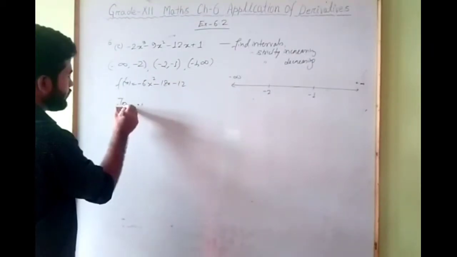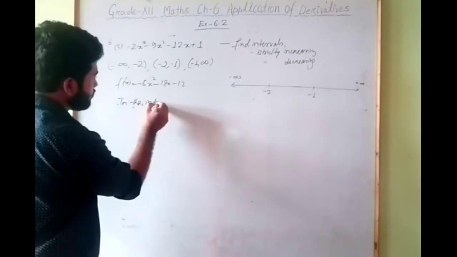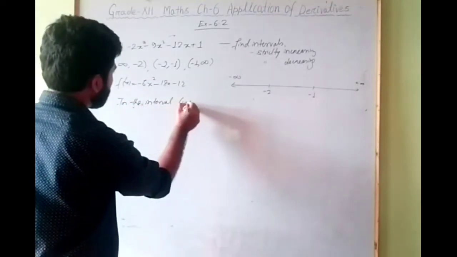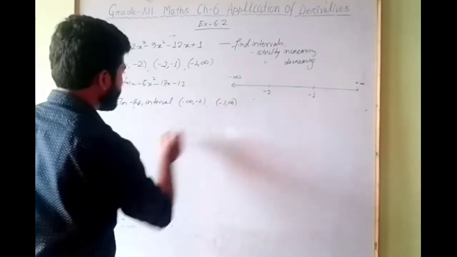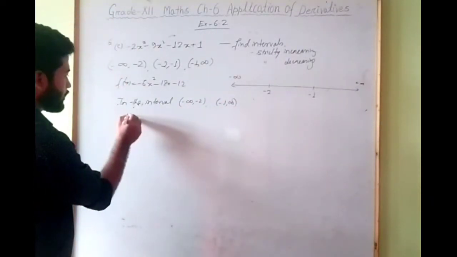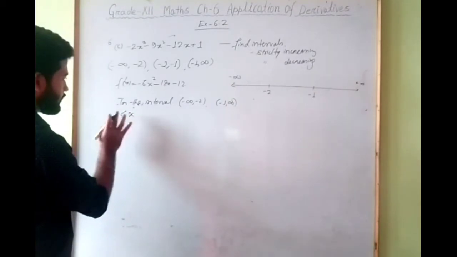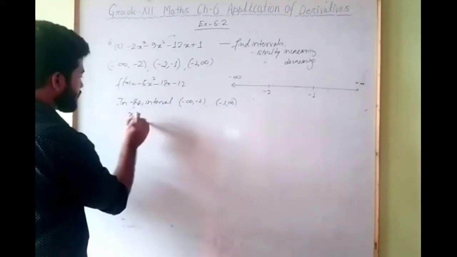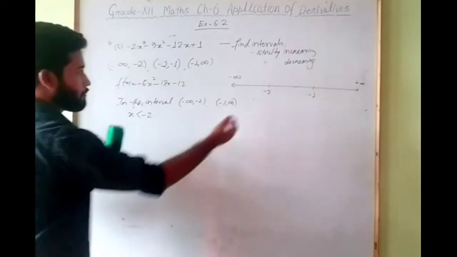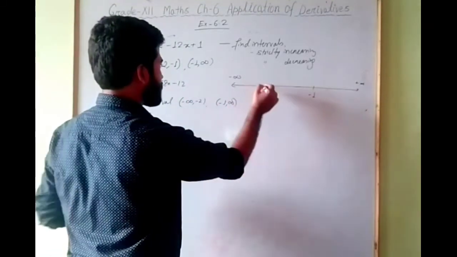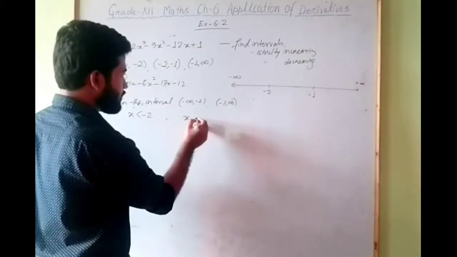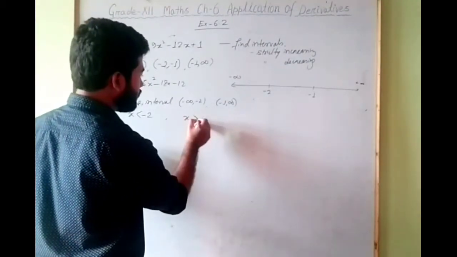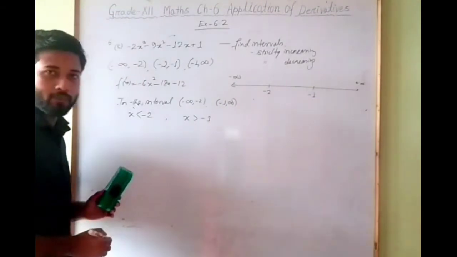So in the intervals (-infinity, -2) and (-1, infinity), what we see is that x is less than -2, because whatever x we take in this interval will be less than -2, and here x is greater than -1, isn't it?